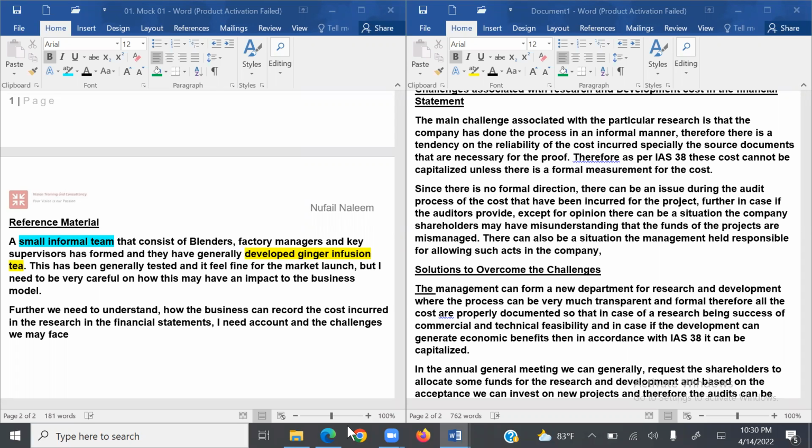But even if they are not involved, there needs to be some superior who is directly monitoring it. It cannot be done informally from a corporate governance point of view of a listed organization. It can be done in a private company, not in a public limited company. Are you clear with that? Yes, sir. Thank you.